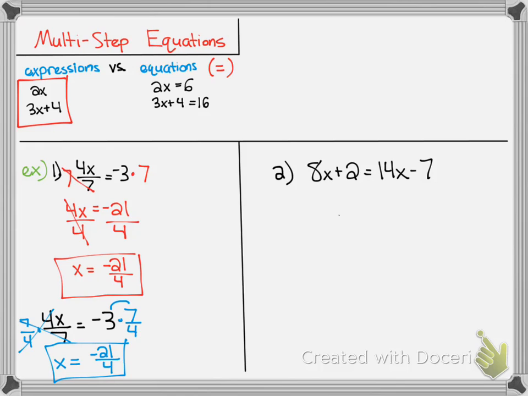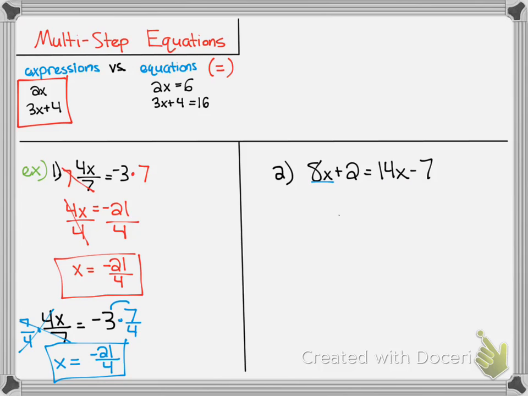Alright, let's look at number 2. So here we've got another equation, but look here, we have x's on both sides. Alright, so anytime I see x's on both sides, it really doesn't matter if you subtract 8x or if you subtract 14x. You will get the same answer in the end. Usually what I do is I subtract the smaller x so I don't have any negative numbers, because some people don't like negative numbers.